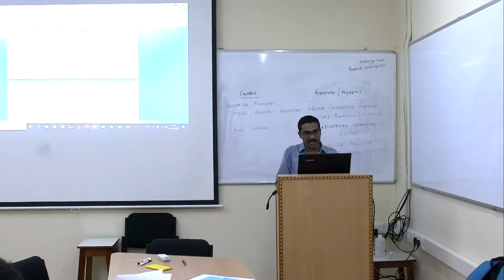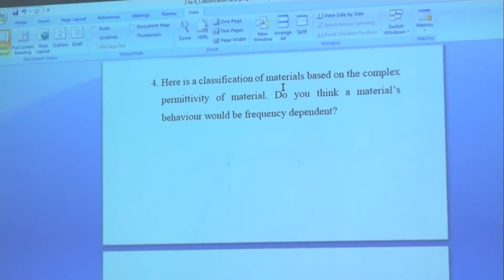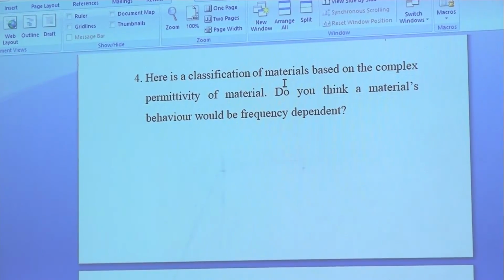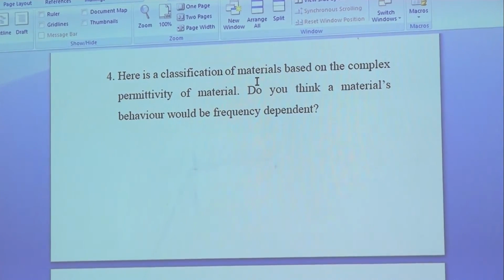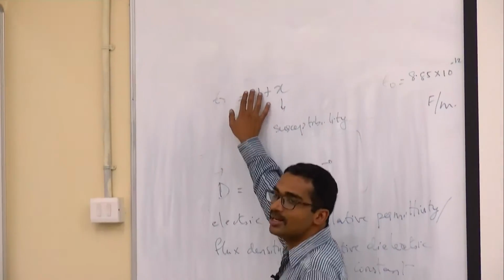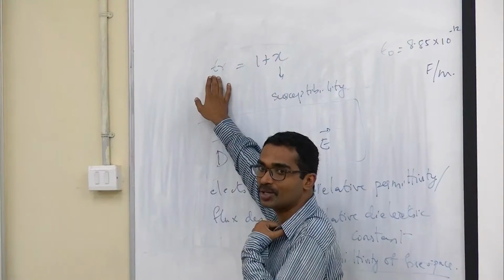Okay, here is a classification of materials based on complex permittivity. This is a toy problem for you. I mean, this is at a slightly analytic level. So the permittivity here, as defined here, can actually become a complex quantity. I won't explain why here. Later on, there may be a session on that.